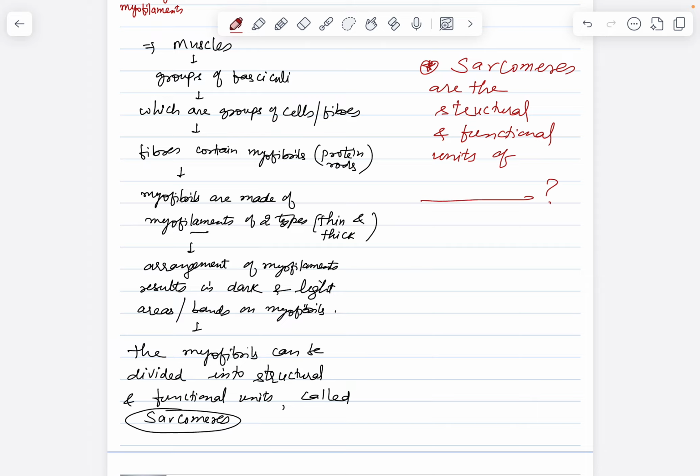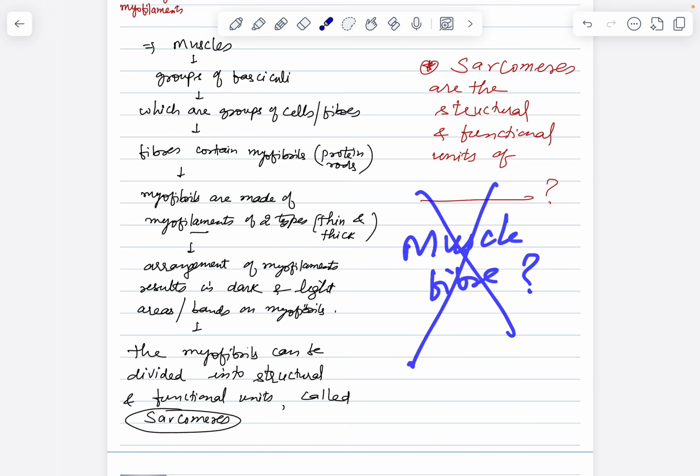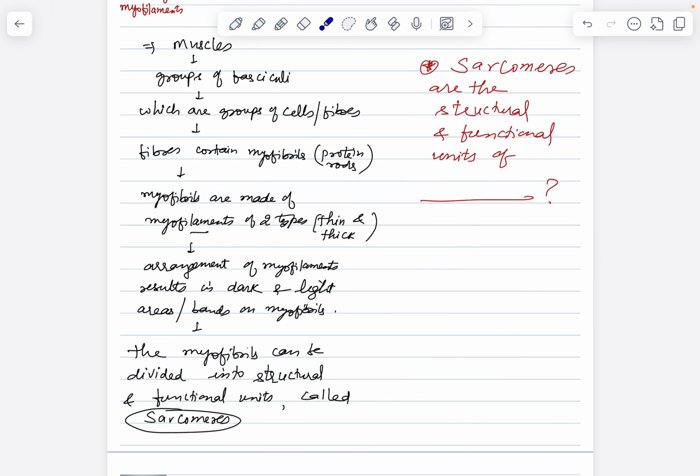What is your answer? If the option says muscle fiber, is that correct? No. Because sarcomeres, the structures that we are discussing today, are the structural and functional units of myofibrils and not the muscle fibers.